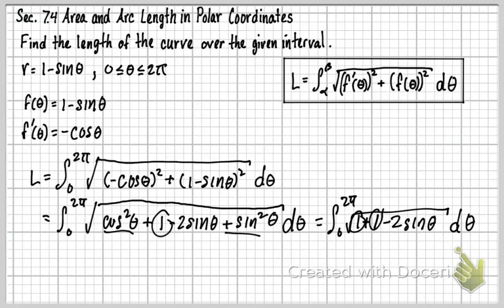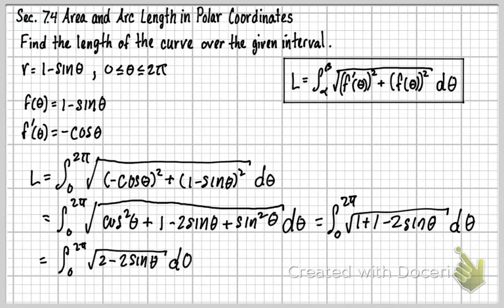So just keep that in mind. Okay, so now I'm just going to put those together. So this equals the integral from 0 to 2 pi of the square root of 2 minus 2 sine theta d theta. So then our answer equals 8. Nice, interesting answer there. So that's the end of this.